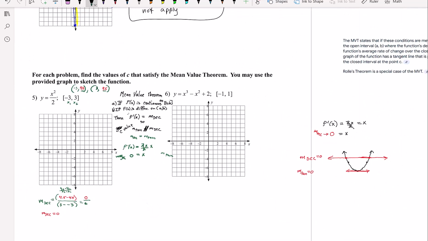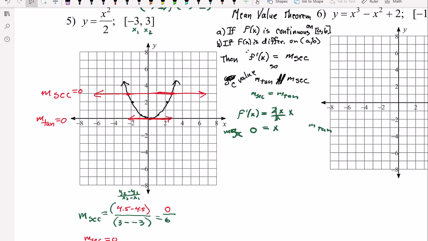So I drew the diagram. We've got a parabola, and notice the slope of the secant line right there is 0. It's a horizontal line at 0. And then where x is equal to 0, there's a tangent line, and that slope is also equal to 0.